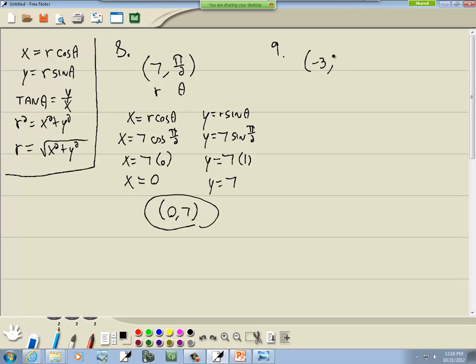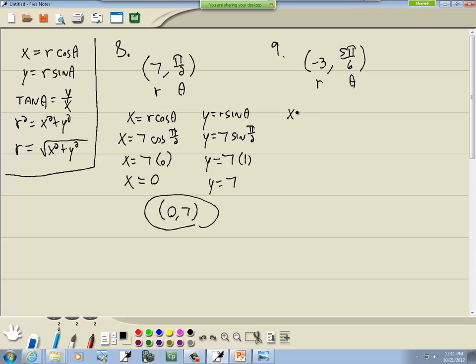So here we got negative 3 and 5 pi over 6. And this is our r, and this is theta. Now remember I said over here we treat r as positive. Doesn't mean it won't start out as negative, but we can always write it as positive. That's why we go with this formula.